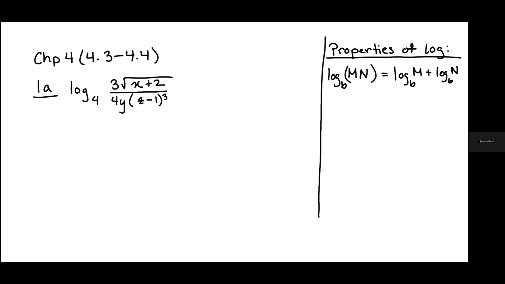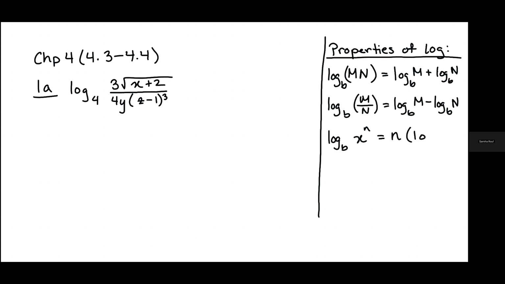If you have different things being divided, you can set that up as a subtraction or a difference, where you do the numerator minus the denominator. If you have something to some power, you can move the power forward so that it's the power times your log.